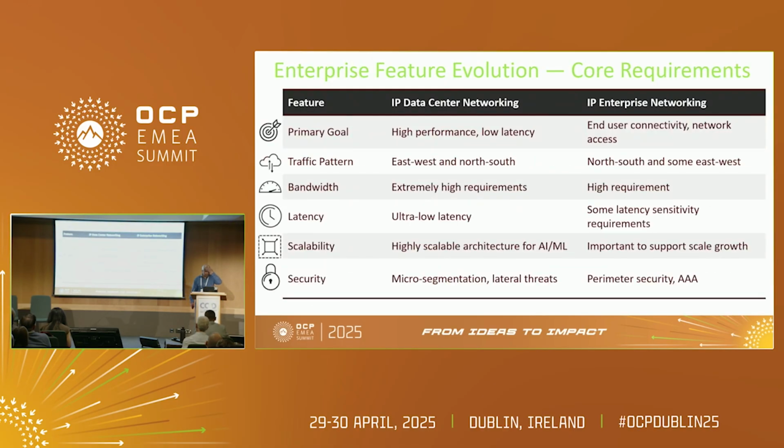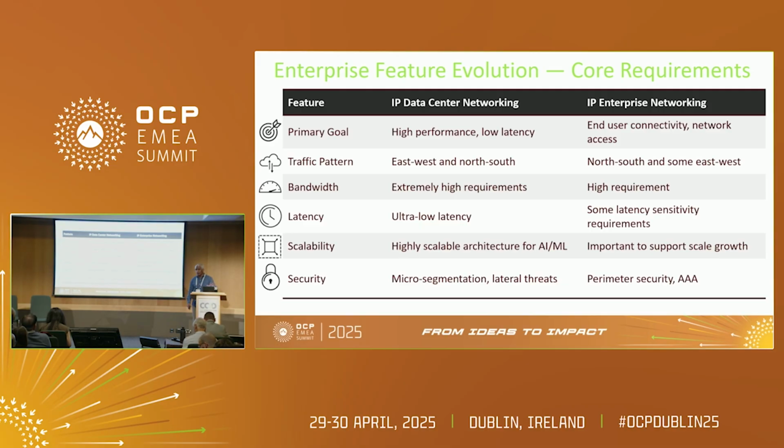So if you look at the enterprise network, looking specifically at enterprise, there are lots of parallels that you can see between data center and enterprise requirements, right? So yes, there are similarities, there are commonalities because they're both running IP, but they have different goals. You can think of it infrastructure-wise as an analogy with, let's say, road construction.